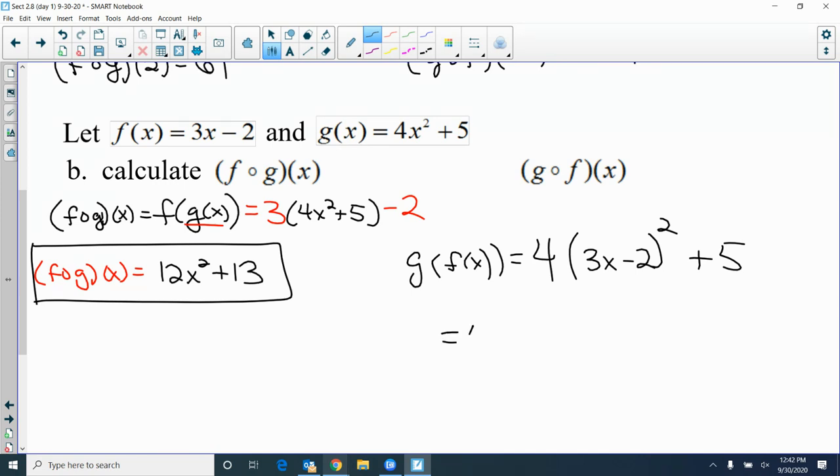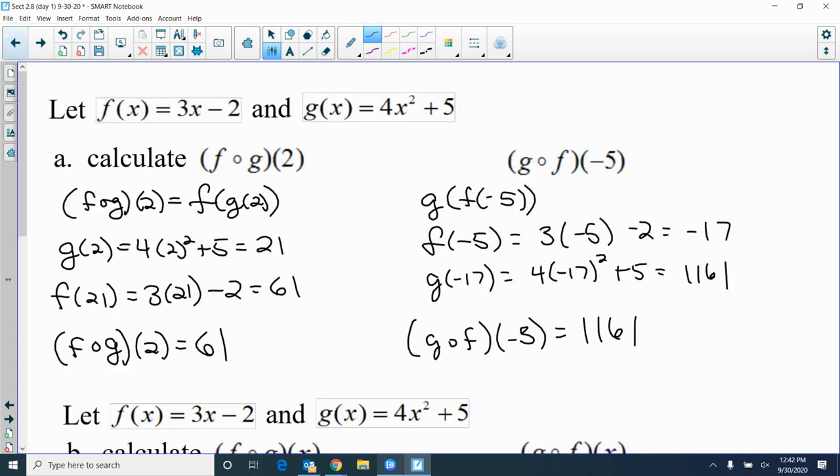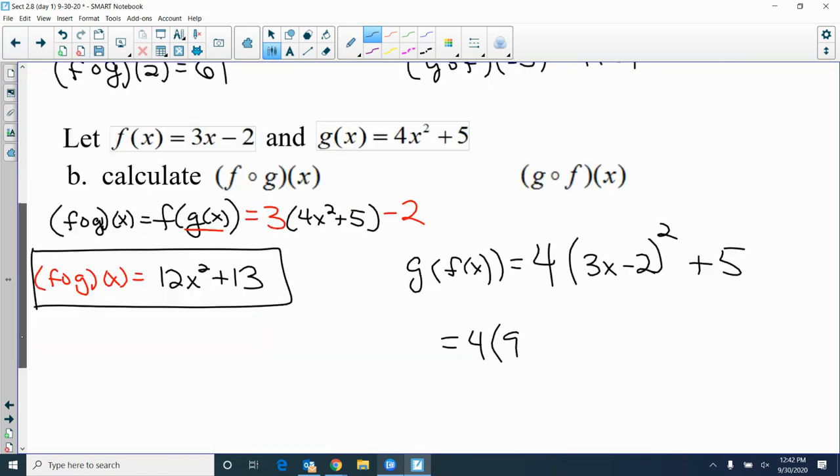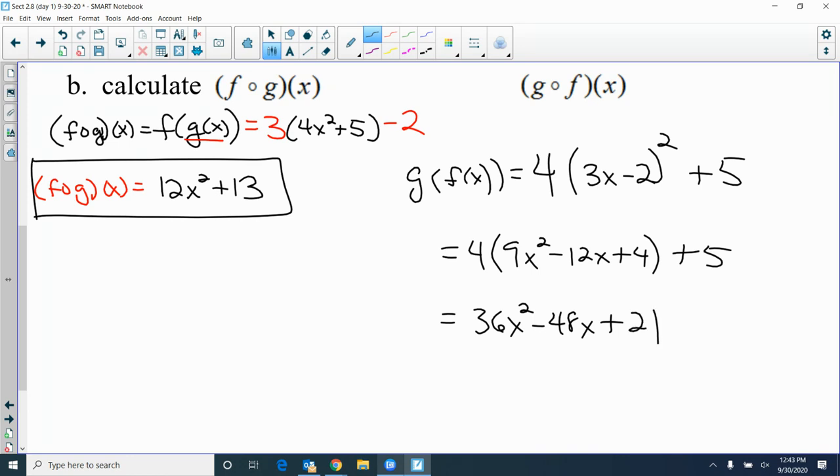All right. And just for my sake, I'm going to finish this. 9x squared minus 12x plus 4. And then that's what it would look like. Just so you see it.